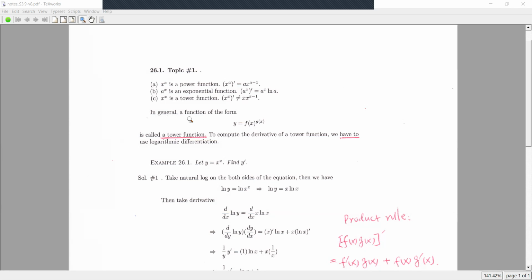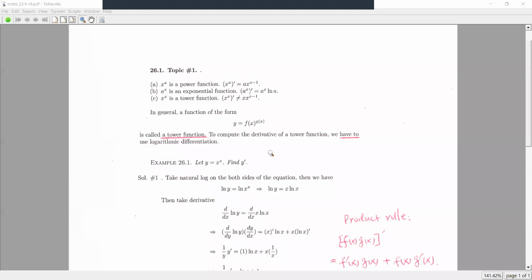In general, for a function of this form, the base is a function and the power is also a function. A function of this form is called a tower function. To compute the derivative of a tower function, we have to use logarithmic differentiation.